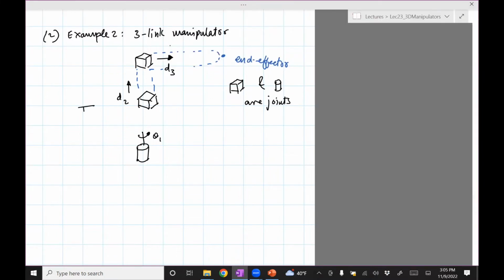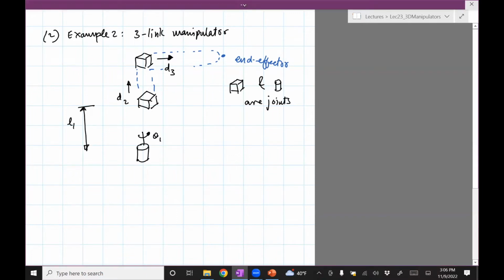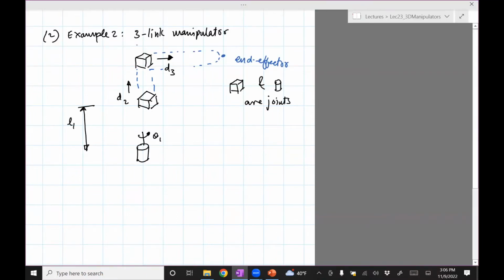Okay, and then I need to show the distance between these two, L1. Links are not shown.